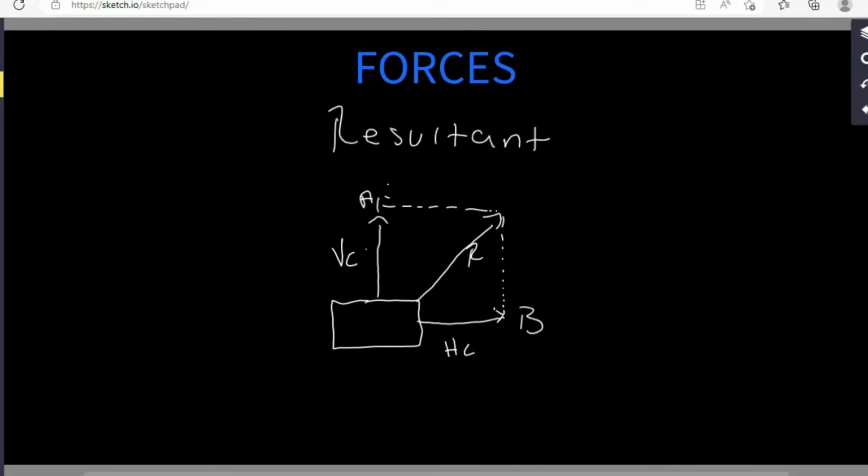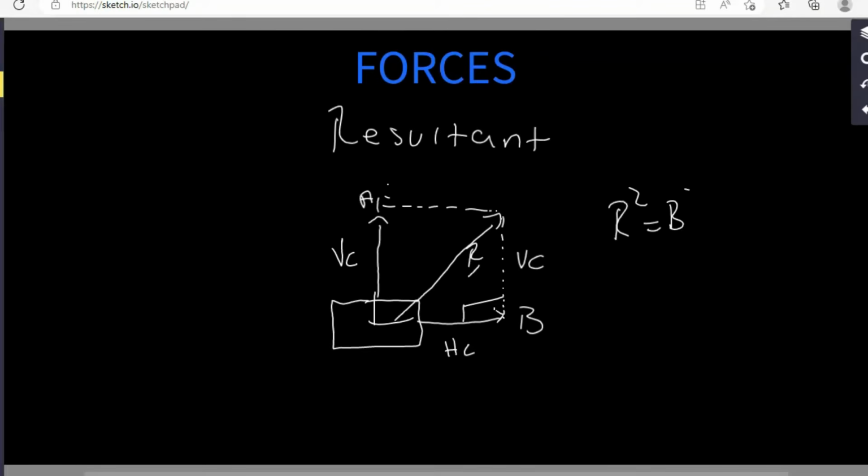And we know that this line will be equal to this line. It's also the vertical component. We are having something like this. We have a right angle triangle. Therefore, to get the value of R, we can use the Pythagoras theorem.